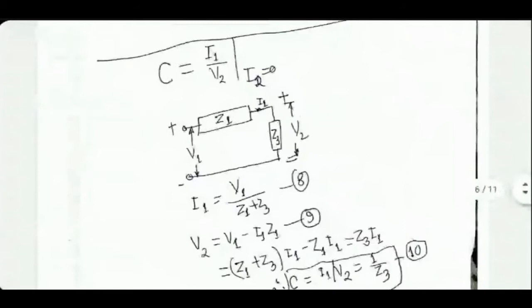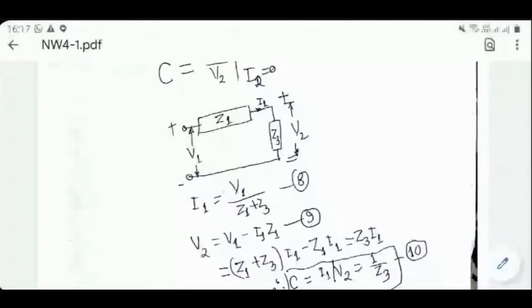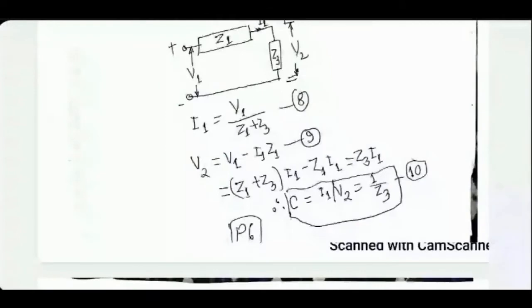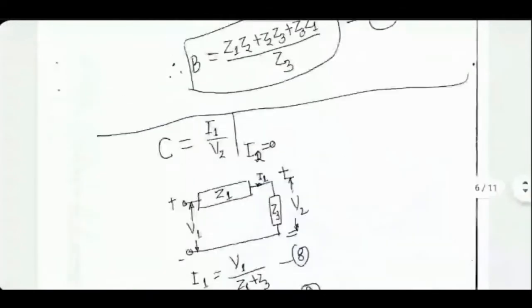Then C, in case of C, I2 has to be 0 again. So I'm back to the combination of Z1 and Z3. And I1 upon V2 needs to be figured out. It simply turns out to be 1 upon Z3. That's common sense. It's Ohm's law.